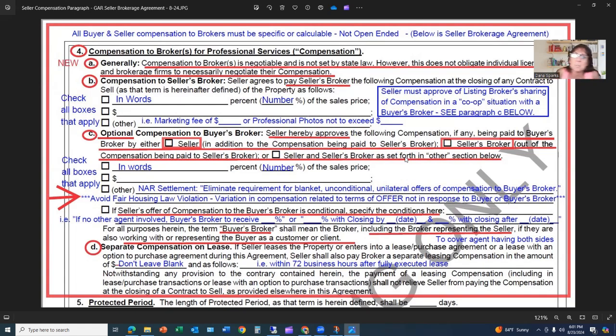And that's just going to depend on the offer that I get. So if it's any combination of that, you're going to mark this checkbox. And again, that compensation to a buyer's broker coming from the seller's side, whether it be from the seller directly or from the seller's broker, is expressed either as a percent of the sale price, a flat fee, or that other arrangement. Again, check all the boxes that apply.